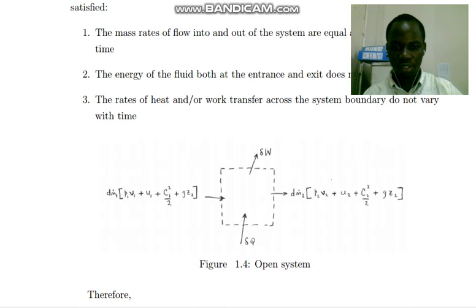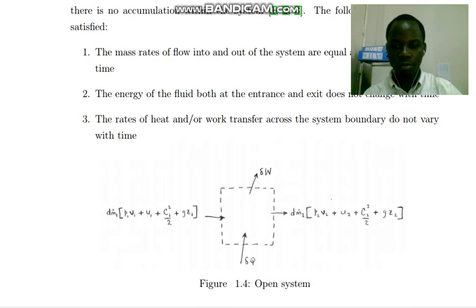As scribbled here in figure 1.4, in an open system, you can see the mass flow rate dm1 times the bracket: pressure 1 times volume 1 plus internal energy 1 plus the kinetic energy C1 squared over 2 plus the potential energy gZ1.